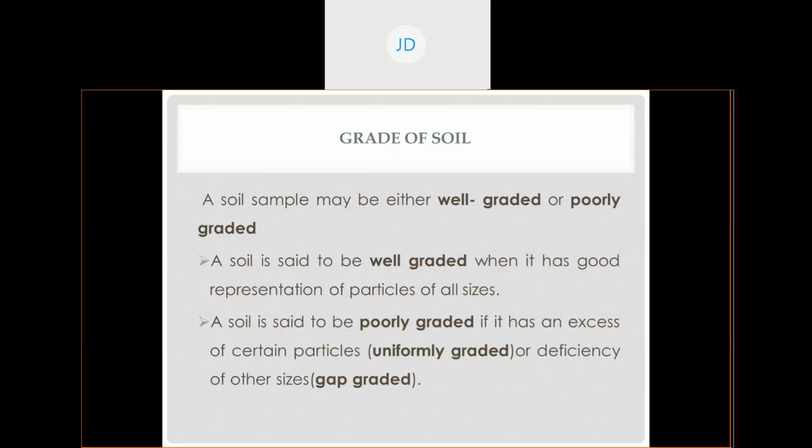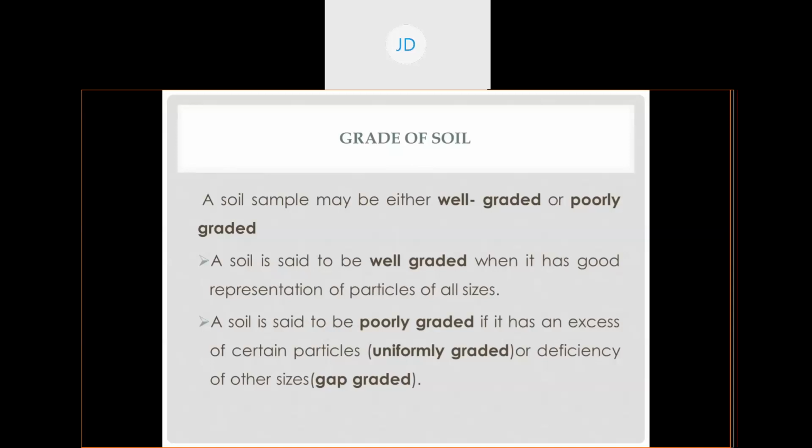From the percentage of different soil particles, you can find out the grade of soil. Grade means the existence of different sizes of soil particles, to know the exact shape and sizes of soil particles present in a particular soil sample.